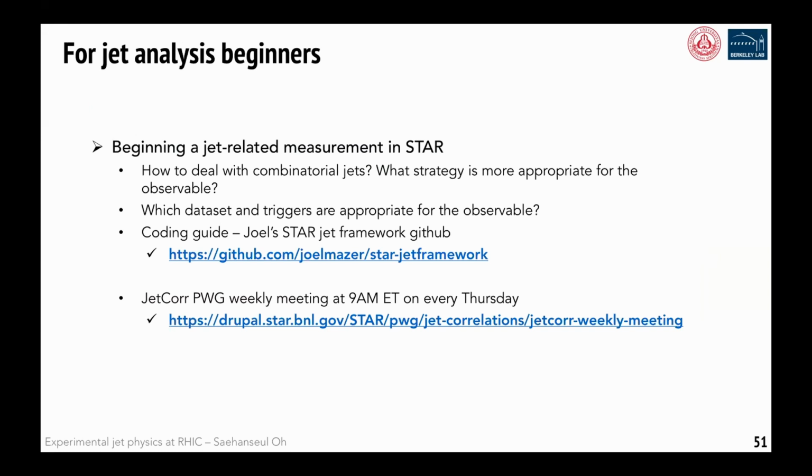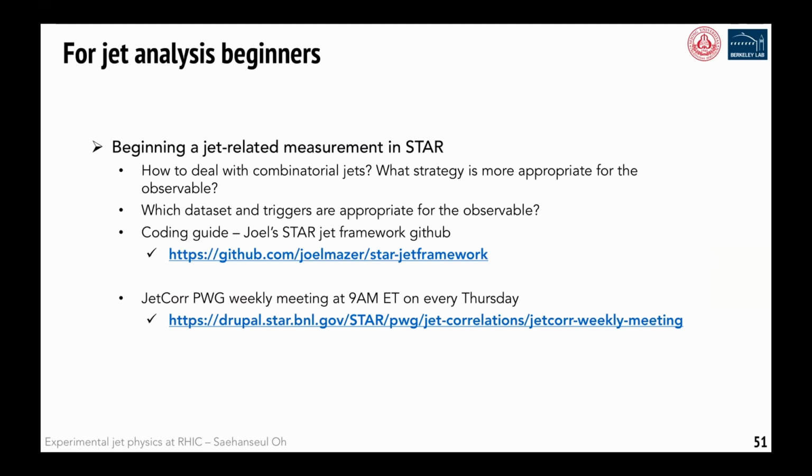And I prepared one slide for someone who is thinking of beginning a jet analysis. So for jet analysis beginners, I want to comment on beginning a jet-related measurement in STAR. You can entirely start a new jet analysis, or you can combine your own analysis with some jet measurement.